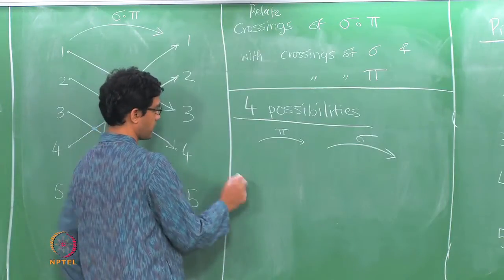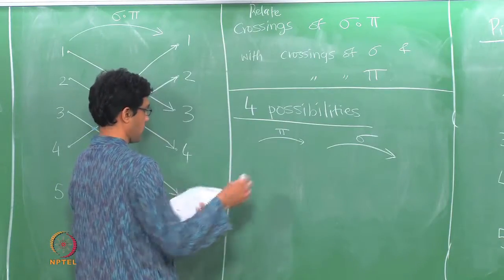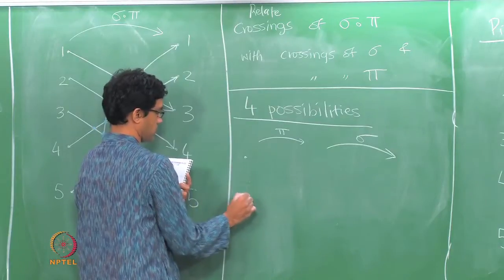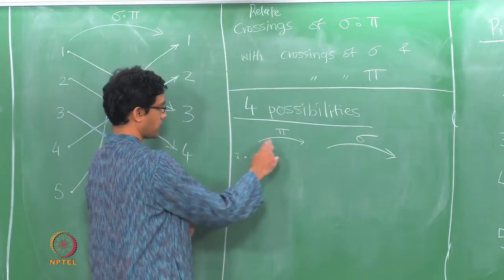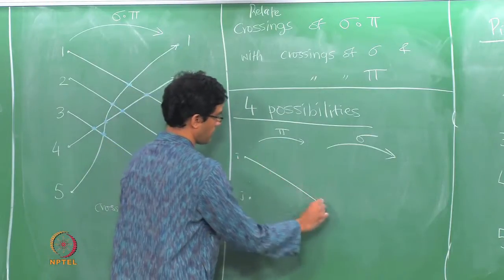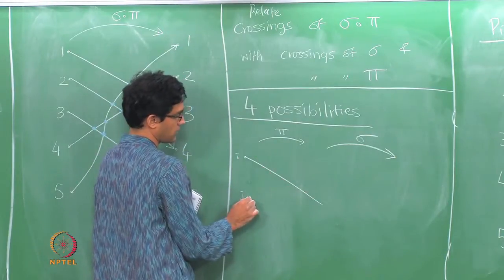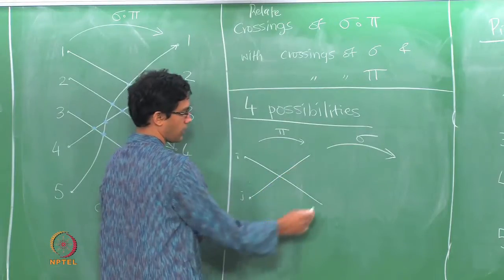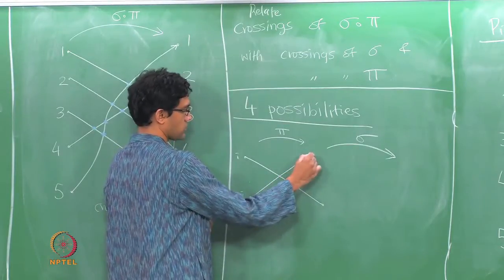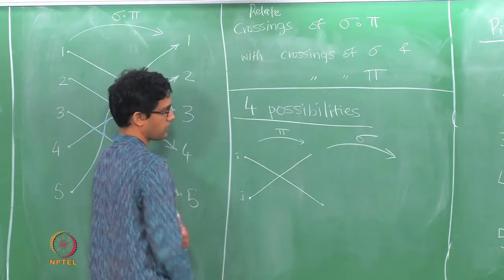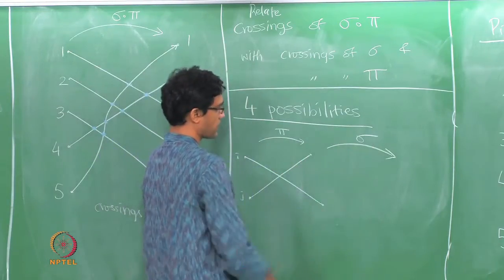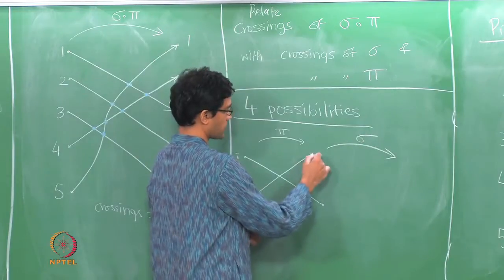Now here is what could happen. I could have say 2 numbers i and j here, which under pi give me a crossing. So pi of i maybe maps to something large, j maps to something small. So therefore these 2 lines cross each other. And now I have 2 resultant numbers here, which I need to further map under sigma, and maybe sigma does the same thing to them.